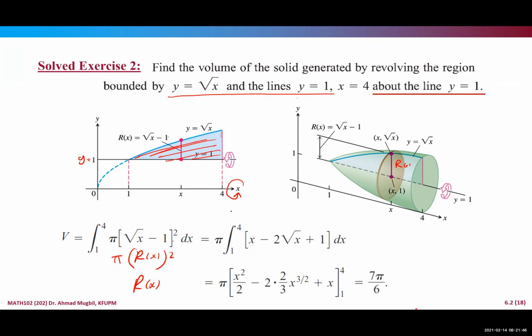Will the cross-section be a disk or not? When you rotate this region about the x-axis, it will not be a disk. There will be a hole because of this space here. There is a space between the axis of rotation and the region. In that case, we will not have a disk. We will see that in 6.3, inshallah.